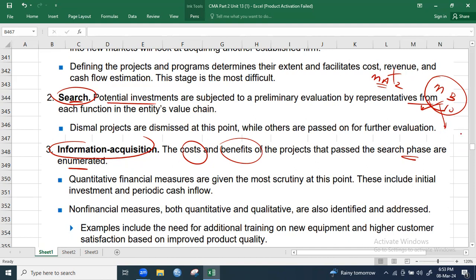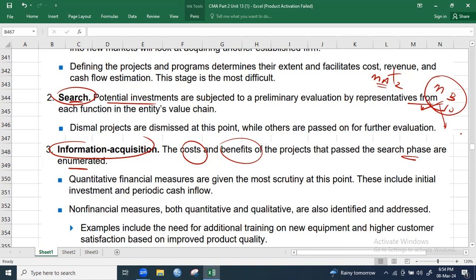This information you need to gather, and this is obviously not an easy stage because mostly it is based on your estimation, right or wrong, because maybe you will use this machine for 10 years. For investment, how much cost you will incur to buy this machine, maybe you can get this information easily, because you can check the price in the market.